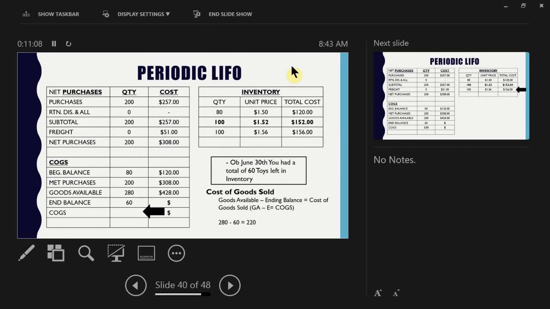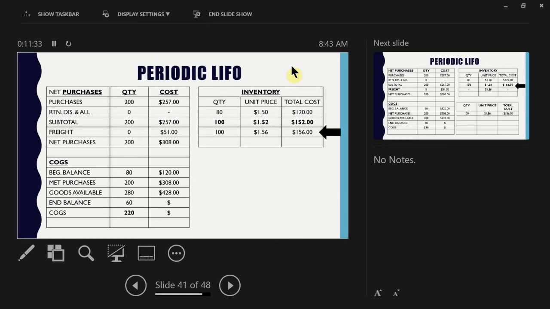So we plug our numbers in. Now all we're really solving here is what our cost of goods sold is. If we have a total of 280 toys, because we have beginning inventory, and we have 60 units left, then our assumption is we must have sold a total of 220 toys.